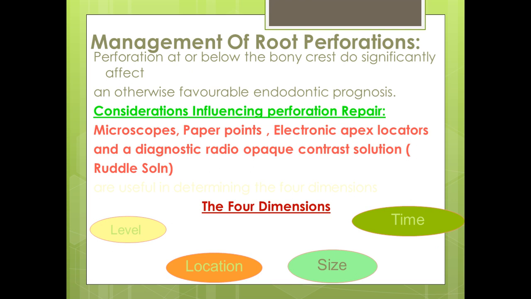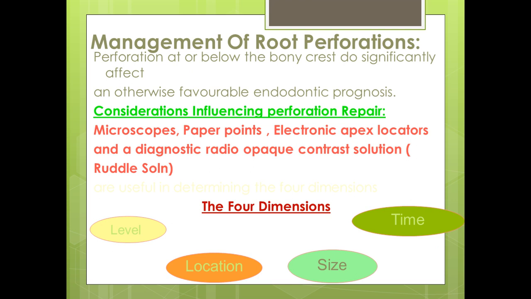So what do you consider before going there? The 4 dimensions we consider: the level of the perforation, either cervical, middle or apical; and location, of course, where it is exactly located, which you confirm using radiographs, digital radiography along with your magnifying vision, that is loupes or microscope; and size.